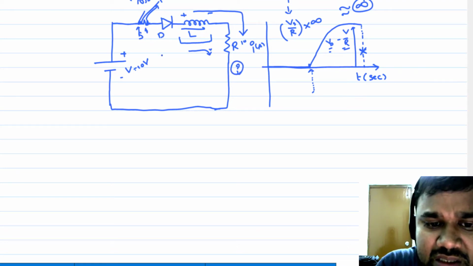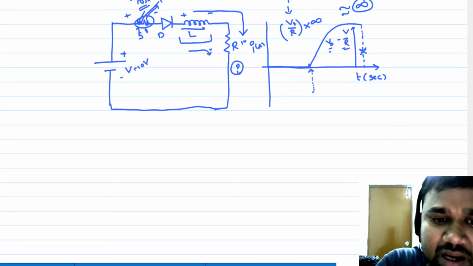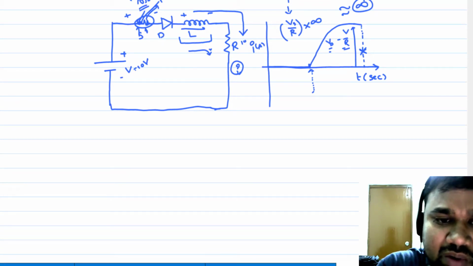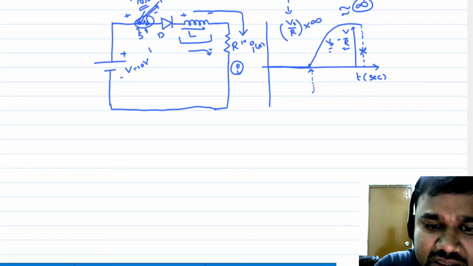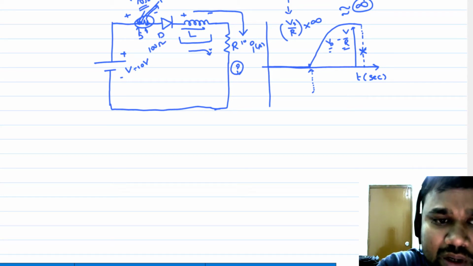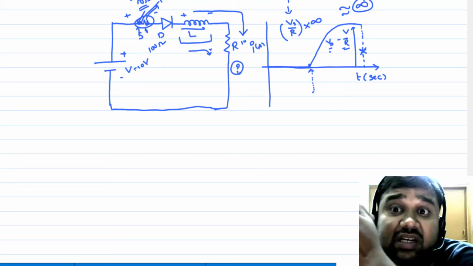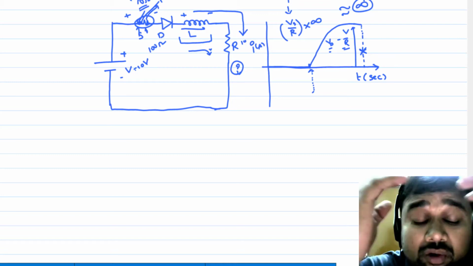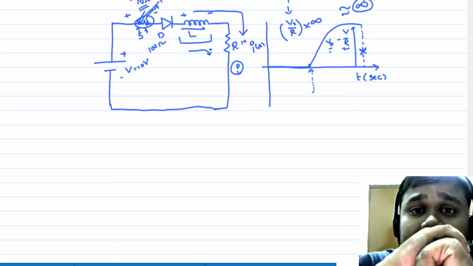Now the voltage that will appear across the 10 ohm resistance is exactly 10 volts. If you replace this with a 100 ohm resistance, the voltage that appears across it is 100 volts. That means instantaneously you can create an enormous amount of voltage.